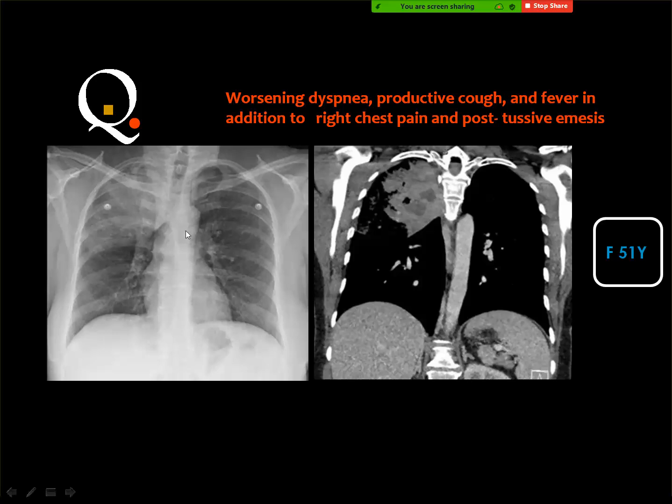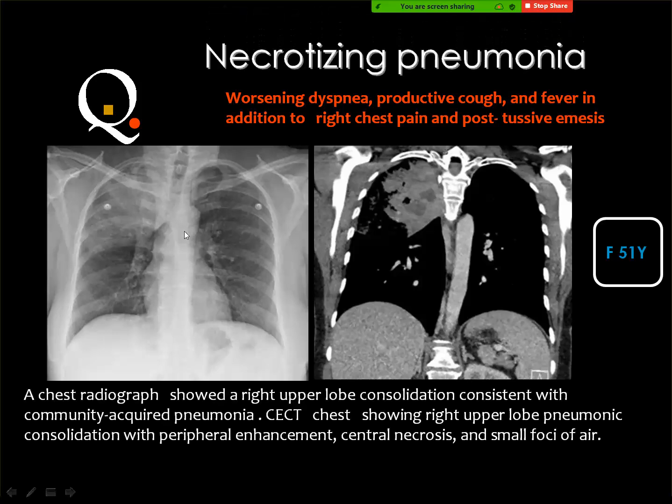This is infection. And the pneumonia which develops central cavitation is known as necrotizing pneumonia. It is common in the pediatric age group, but can also be seen in old patients if they are immune compromised or infected by a virulent organism.